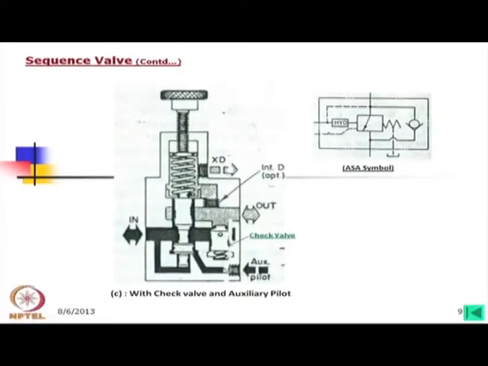So, this may be anything, any situation. If possible you can remember this symbol, or else just for your knowledge, this is the symbol of the sequence valve with check valve and auxiliary pilot.